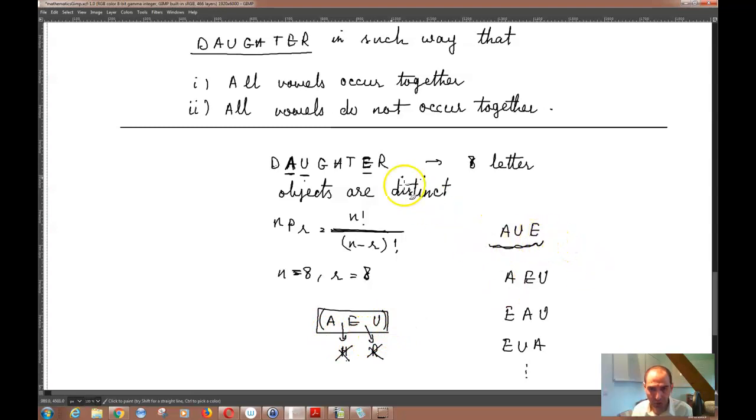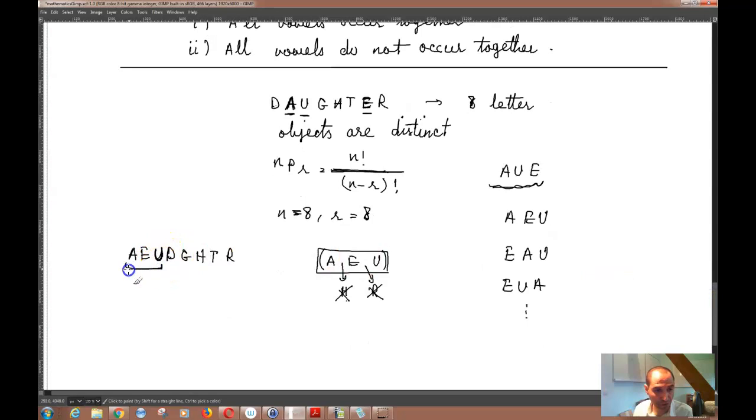For example, you can have A, E, and U, and then the rest of the letters, D, G, H, T, and R. So you get 1, 2, 3, 4, 5, 6, 7, 8 letters here, and now these are sticking together. So you want to have this configuration. And I also want the permutation of these 3 letters as well, meaning that this same word I can write as, for example, U.